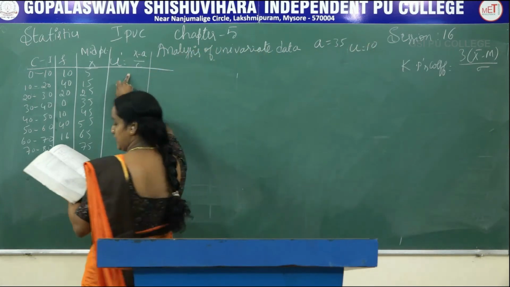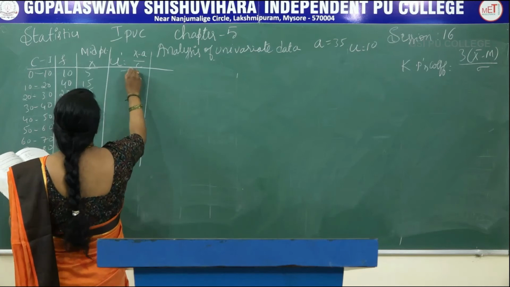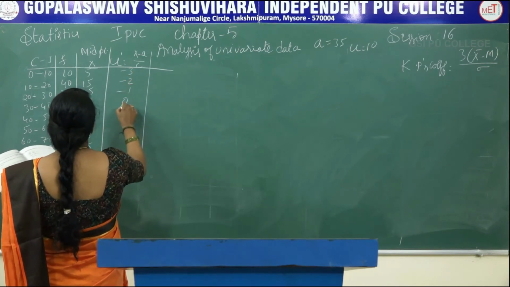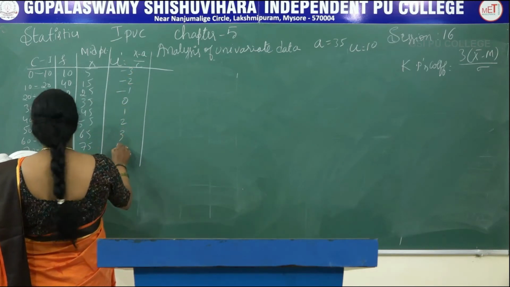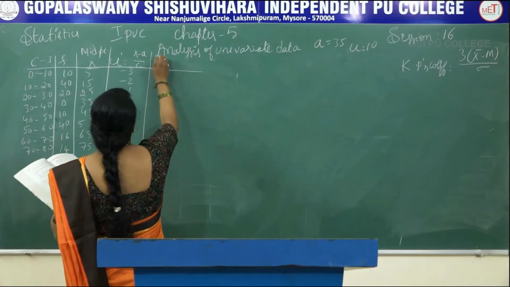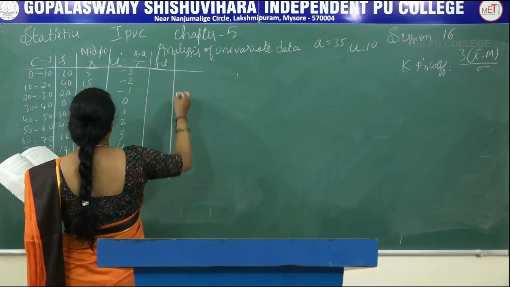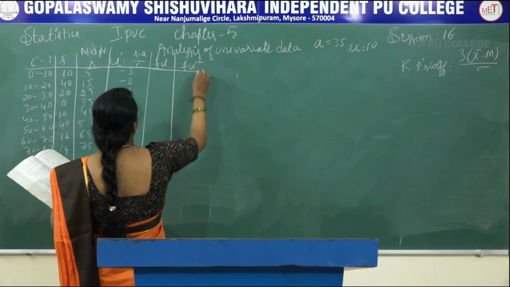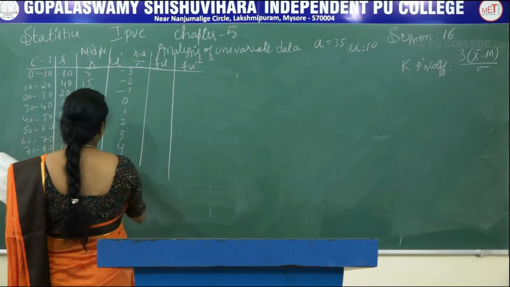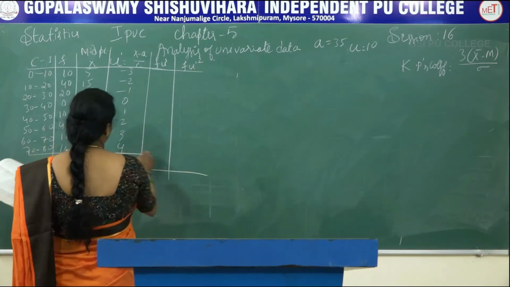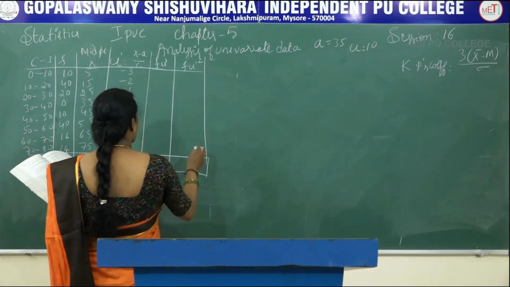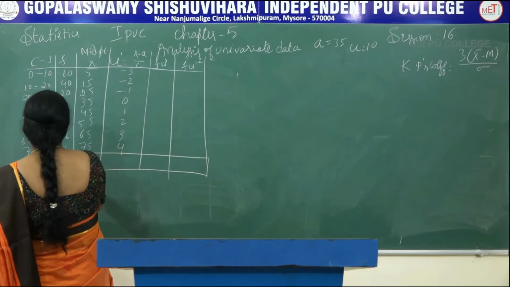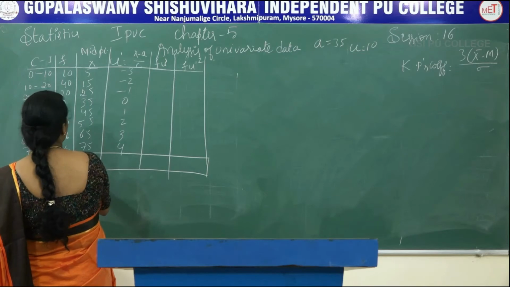So u dash is minus 3, minus 2, minus 1, 0, 1, 2, 3, 4. Next are fu dash and fu dash square. Complete the table till here so that you can calculate easily. Here the n value is 150.